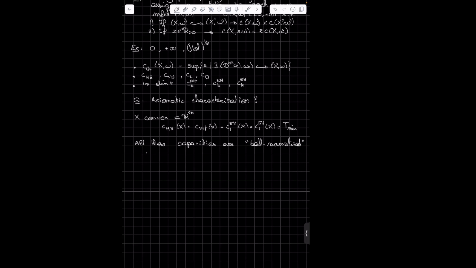That means that on the ball of radius 1, they are equal to pi, and they have the same value on the cylinder of radius 1, where the cylinder of radius 1 inside R^2N is the disk in the coordinate plane x1, y1 times R^(2N-2).